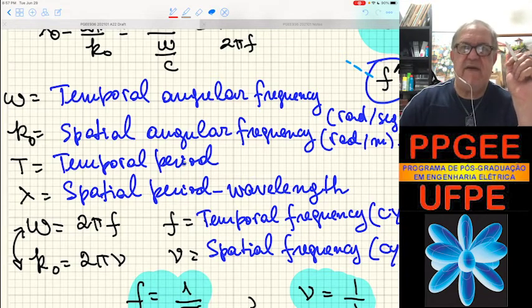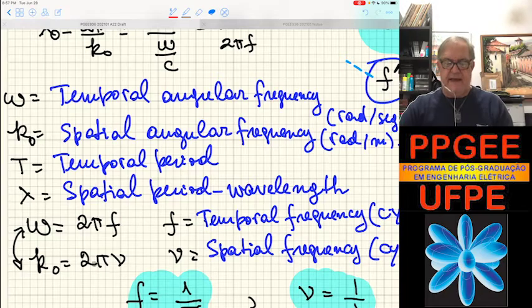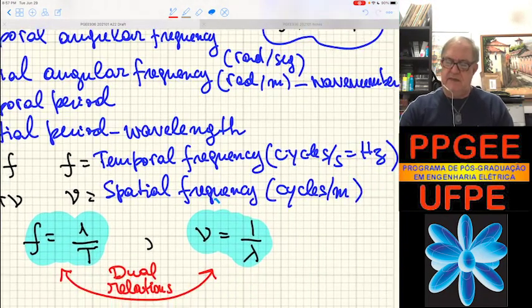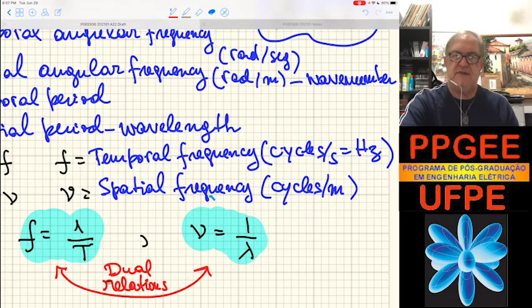T is the temporal period, and lambda is the spatial period, which is the wavelength. Omega is 2 pi times f, the traditional temporal frequency. k, which is the wave number, is 2 pi times the spatial frequency, cycles per meter. So frequency is the inverse of the time period, and spatial frequency is the inverse of the spatial period, which is the wavelength. So these are dual relations.